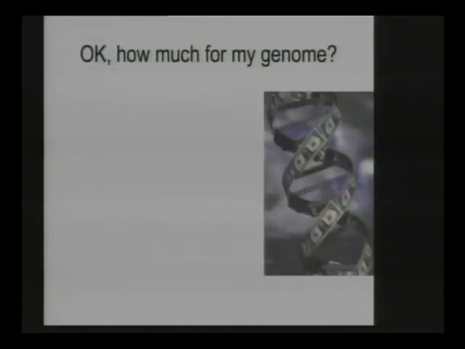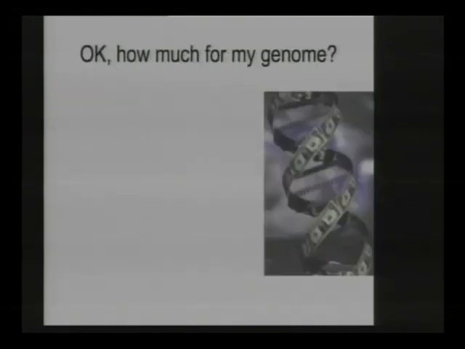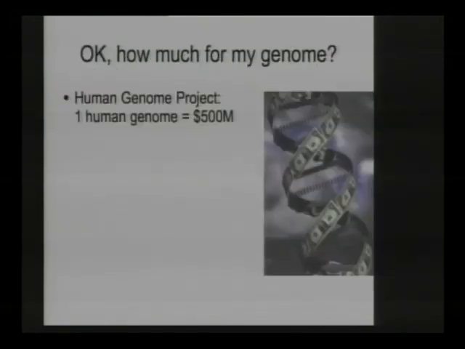Okay, now you think, okay, now I've heard enough, I'll buy it, I want my genome sequenced. Well, the Human Genome Project cost all in all about $500 million for one genome.